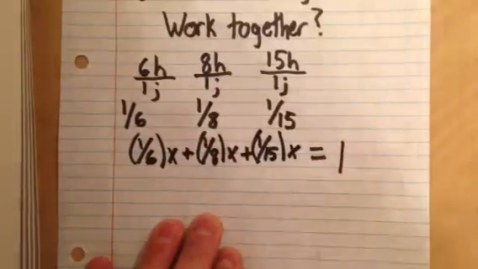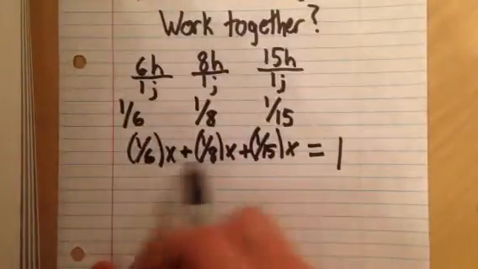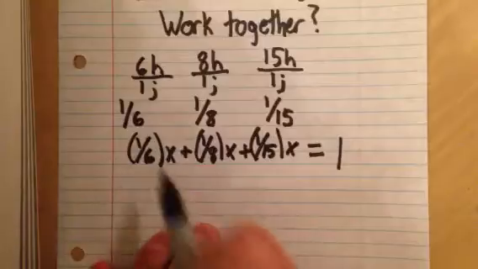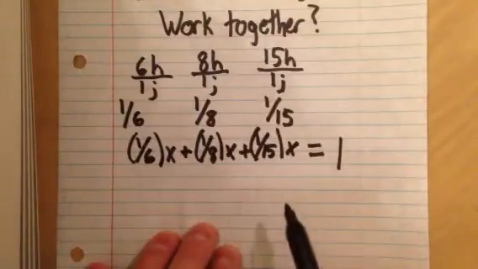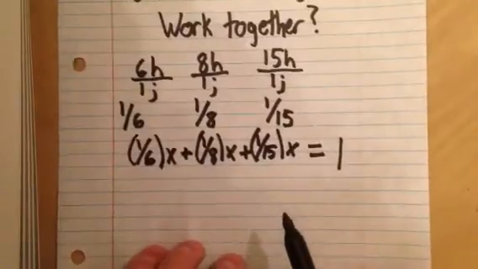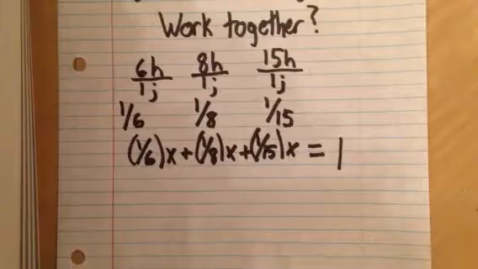Okay? So, working together, we can use all the rates, 1/6 of a job per hour, 1/8 of a job per hour, 1/15 of a job per hour, and we can solve for x, which is the total number of hours it will take all of them to complete the job.